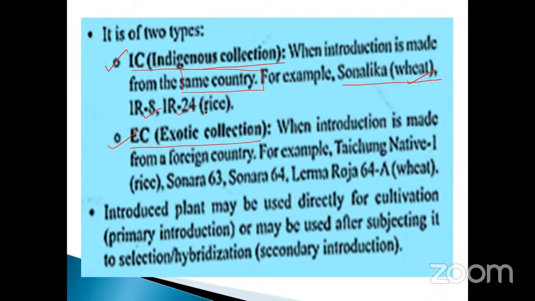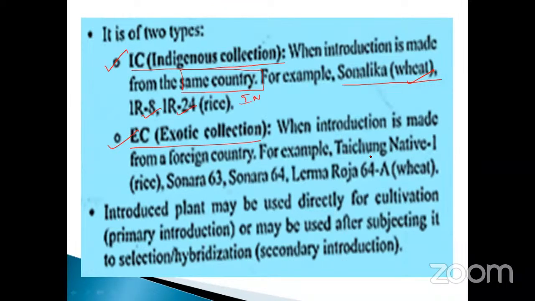These are the two rice varieties. These are all present in India, Indian rice. Sonalika is a wheat. Sometimes they may ask the name of the plant also. Okay, my dear, so this is very, very important. Don't forget, my dear.